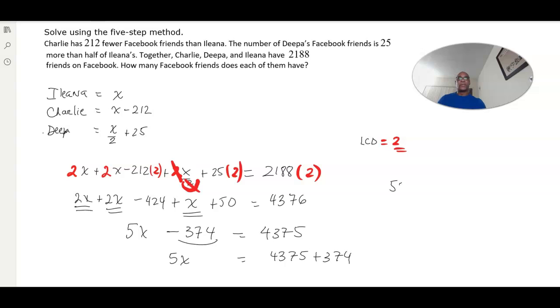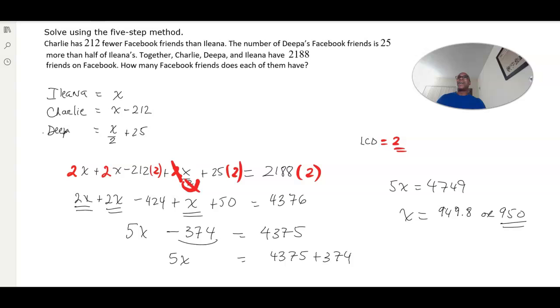4,749. So 5x is equal to 4,749. And divide by 5, x is equal to 4,749 divided by 5, and you get 949.8, or 950 since we talk about friends, people.